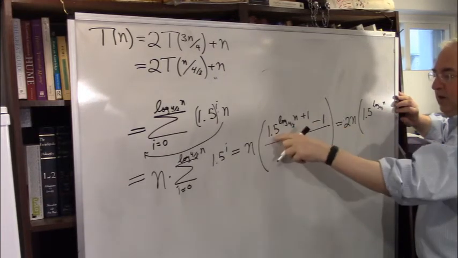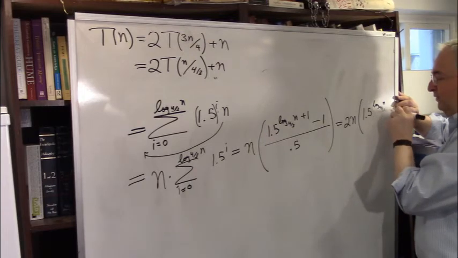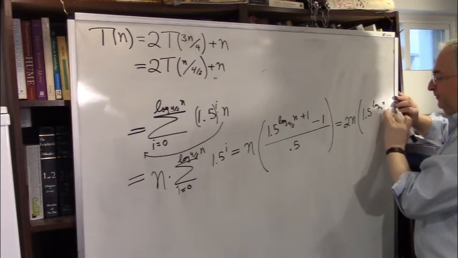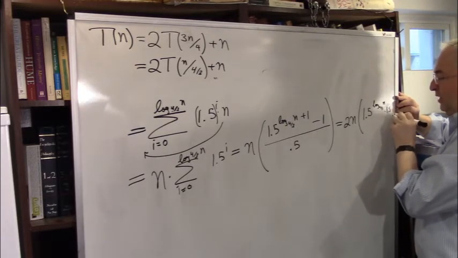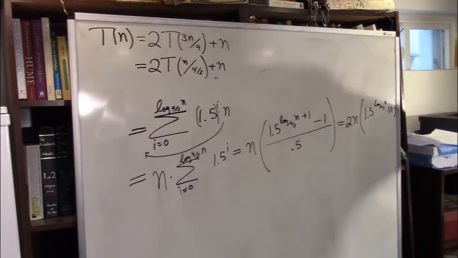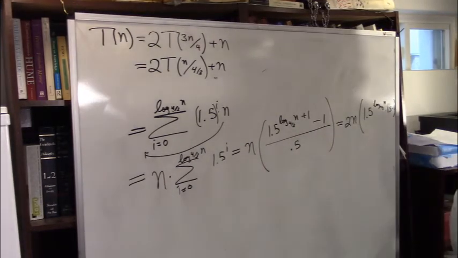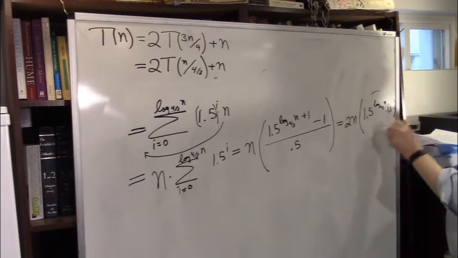Okay, the plus 1 means you're multiplying by 1.5 times 1.5 times 1.5. Okay, don't forget the minus 1. Now everything's fine except I don't know how to do that.